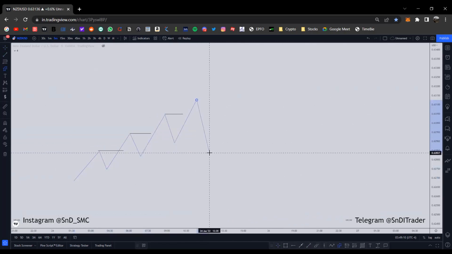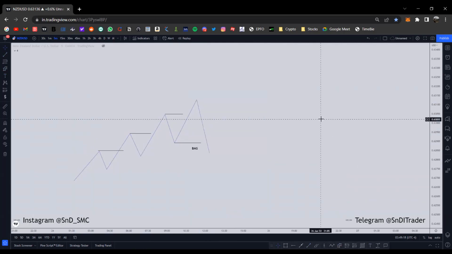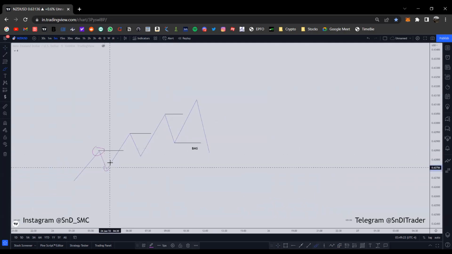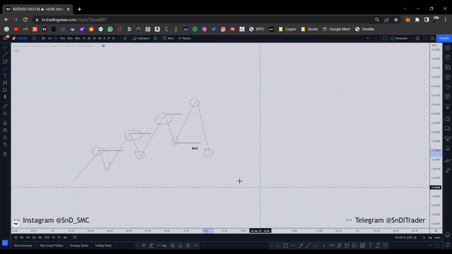If this low got taken out, that's where we see, yes, this is the BMS. Otherwise, these are only formations of higher highs and higher lows. But after this higher high, price has taken out this higher low, so this will be known as a lower low. That is where the formation of BMS is.